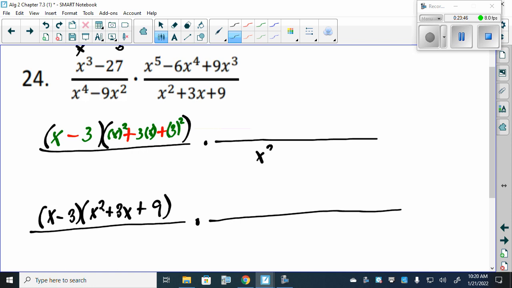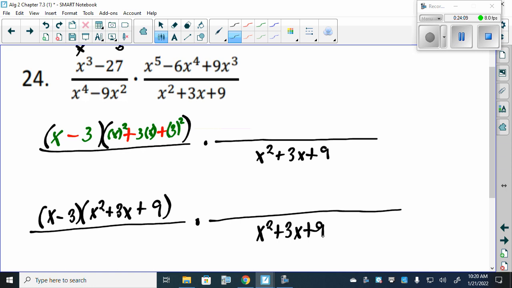Same as this one over here, x squared plus. So most likely that one there won't factor. But even if it did, it doesn't matter because it will be multiplied with the rest of it and cancel out with the one on top.